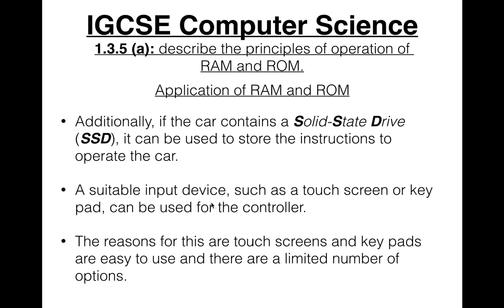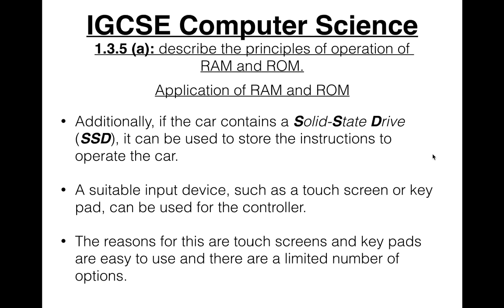And as for suitable input devices, we looked at input devices, and the reason why we shouldn't really use a keyboard or a mouse is because with a keyboard we have all these buttons when we really only need move forward, move backwards, turn left, turn right. Maybe increase speed.